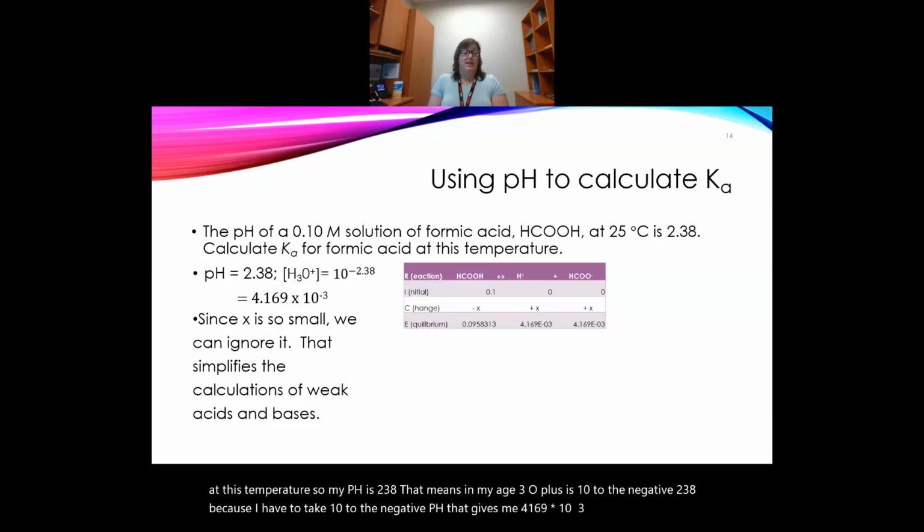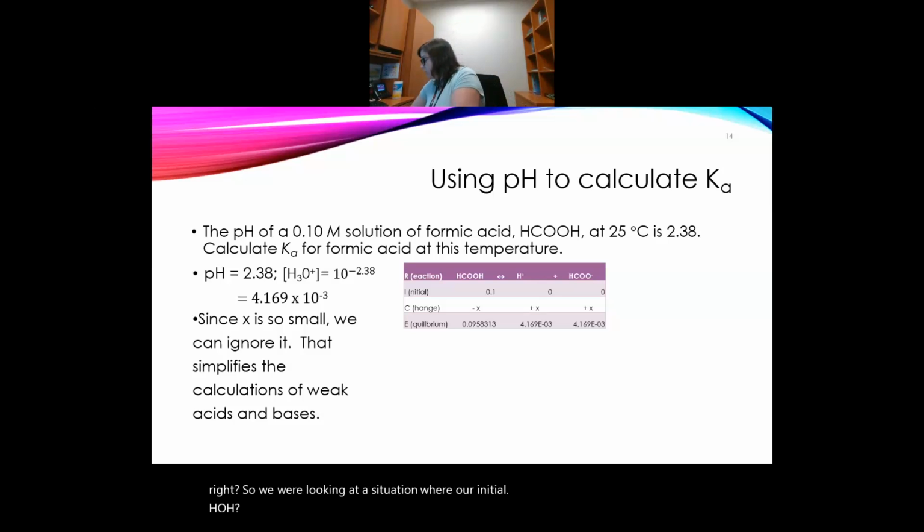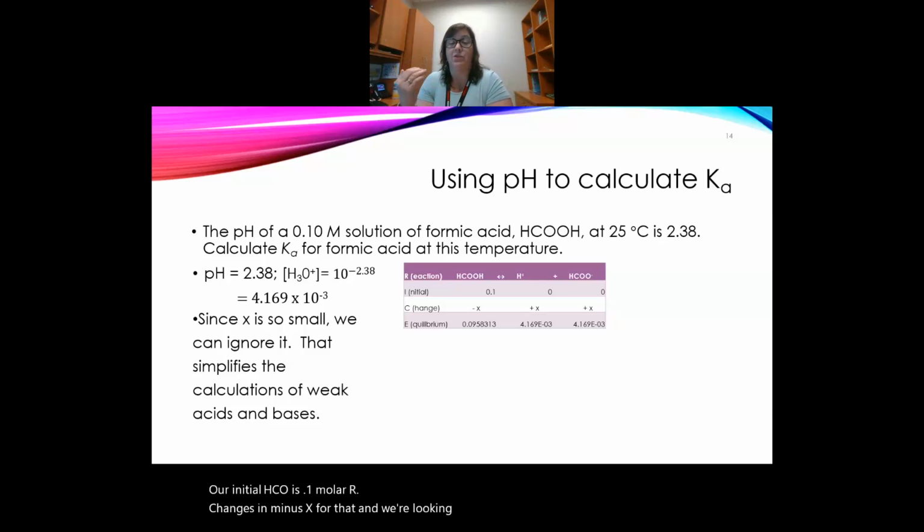Now, X is tiny, right? So we're looking at a situation where our initial HCOOH is 0.1 molar. Our change is minus X for that, and we're generating a plus X for the H plus and a plus X for the HCOO minus.